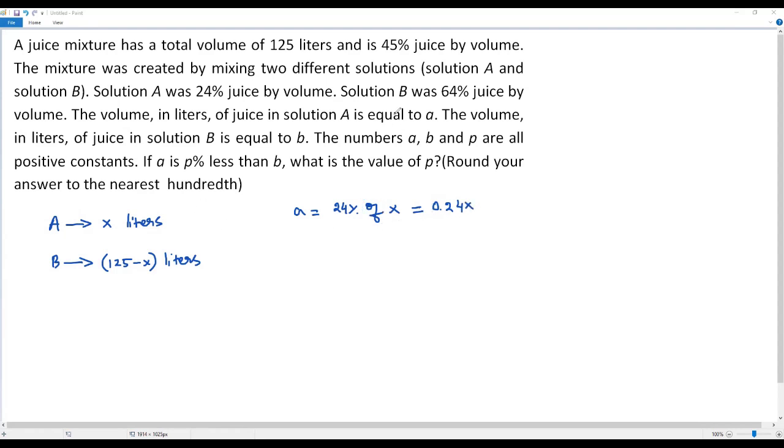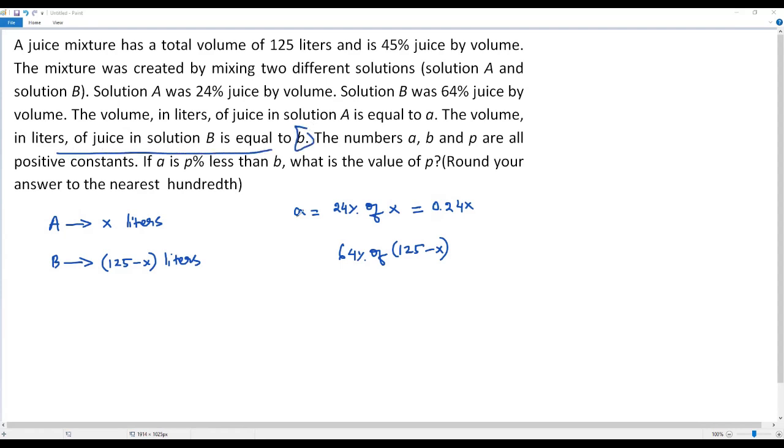Now let me consider the other information, that solution B was 64% juice. In this 125 minus X liters of solution B, 64% is juice. To find the number of liters of juice in this 125 minus X liters, we calculate 64% of 125 minus X. Let me write it over here, 64% of 125 minus X. This expression represents the number of liters of juice in solution B, which is given by lowercase b.